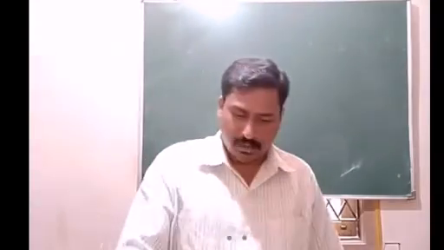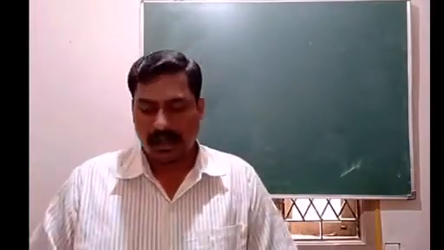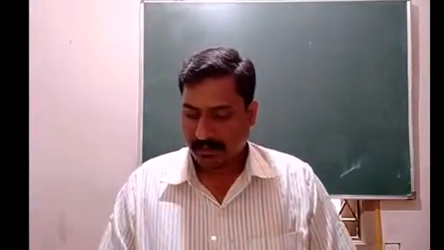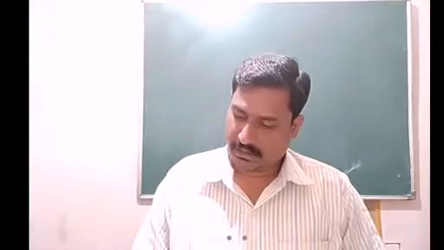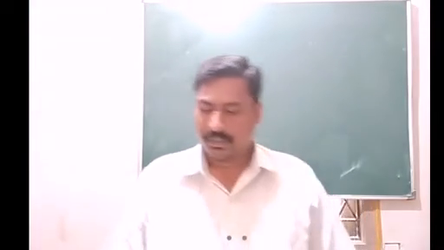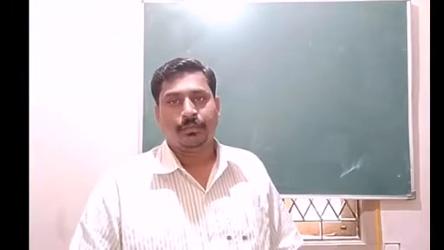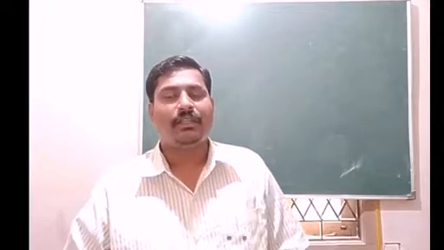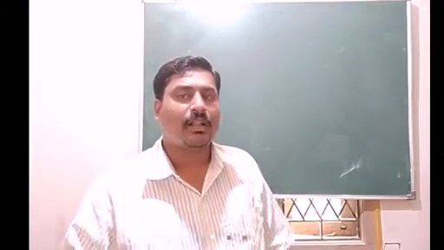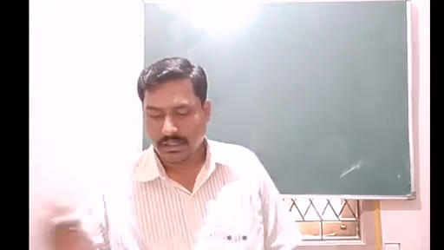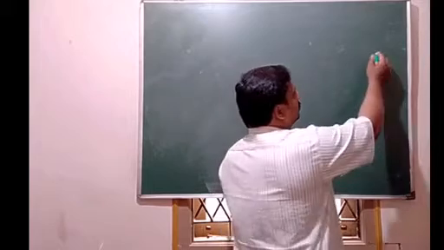There is a problem on page number 109, example 14. The mean monthly salary paid to all the employees of a company was rupees 5,000. So the average wage paid to all the employees in the company is rupees 5,000.